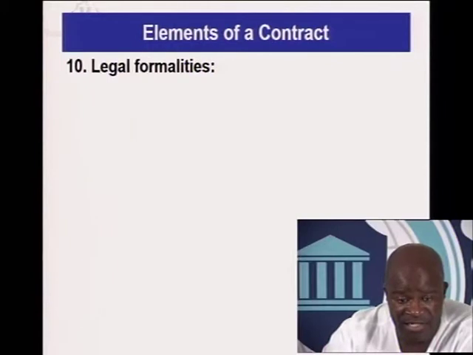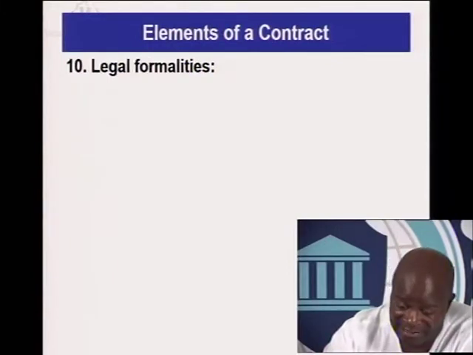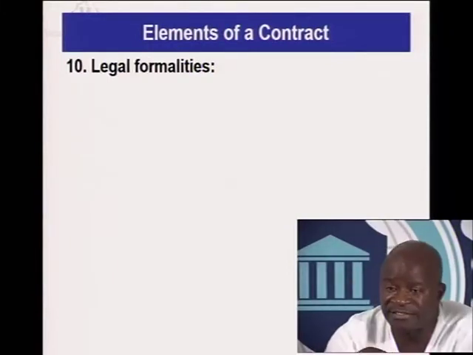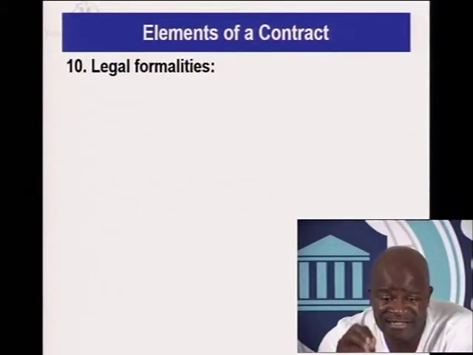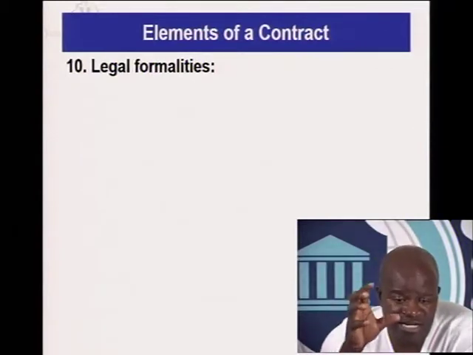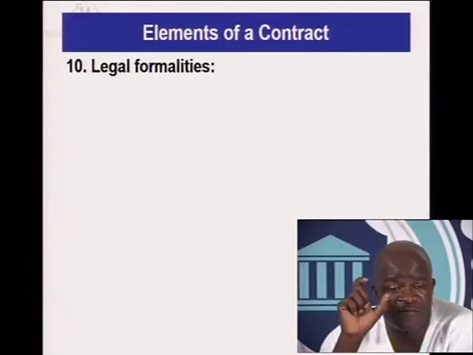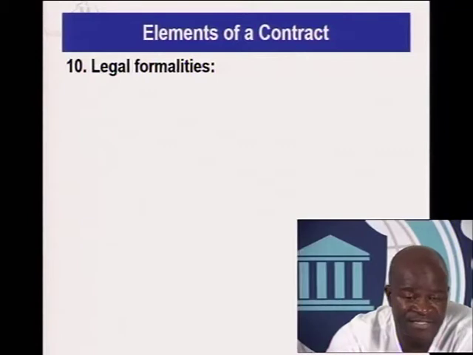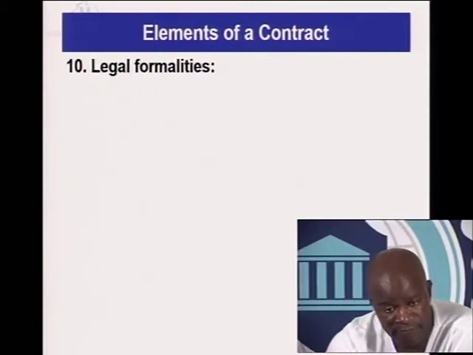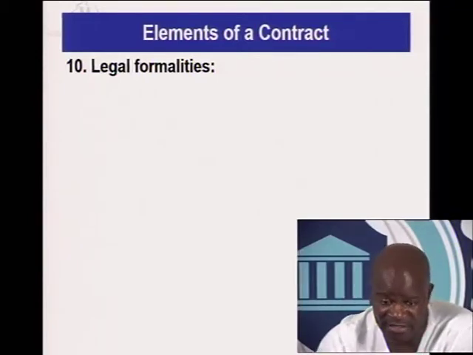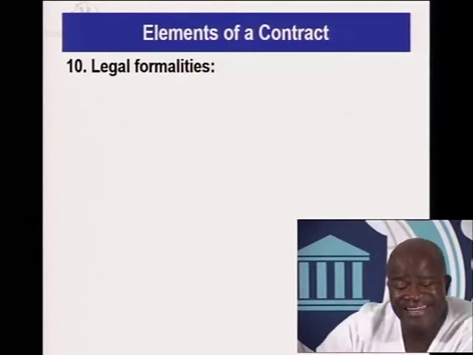The last but not least, we look at the legal formalities. When we're looking at the legal formalities, we are saying there are certain types of contracts where it's specified at law that this contract will not be valid until A, B, C, D is done. Hire purchase contracts, they are supposed to be in a written form.